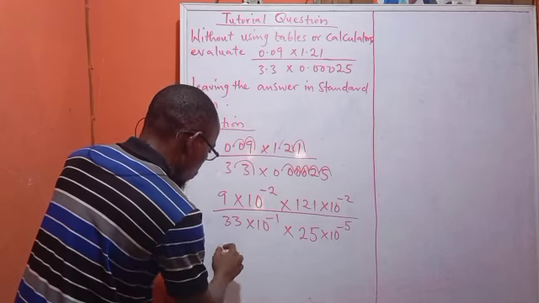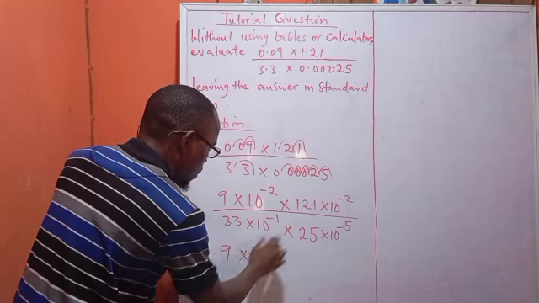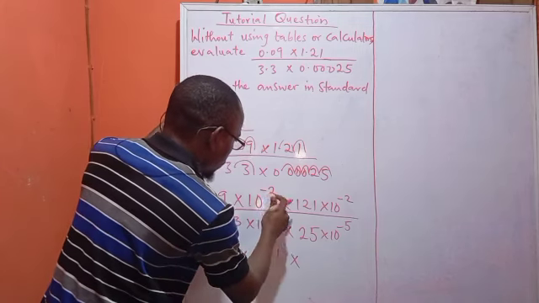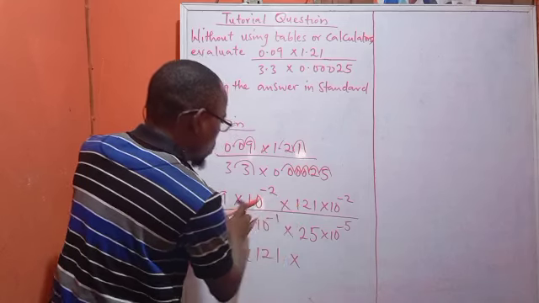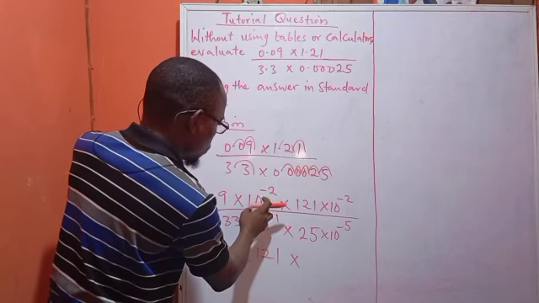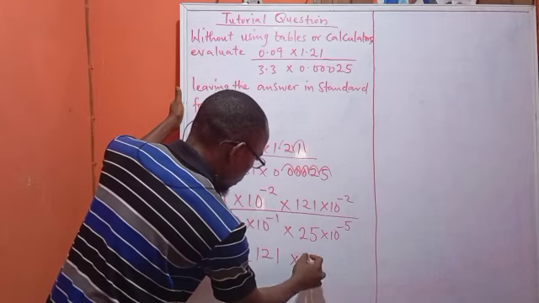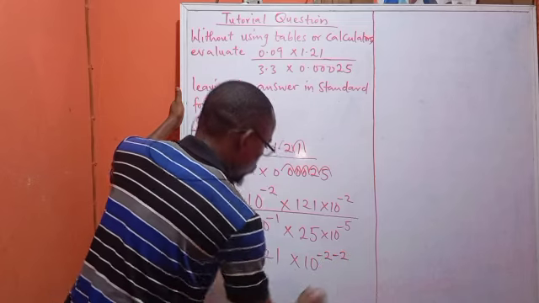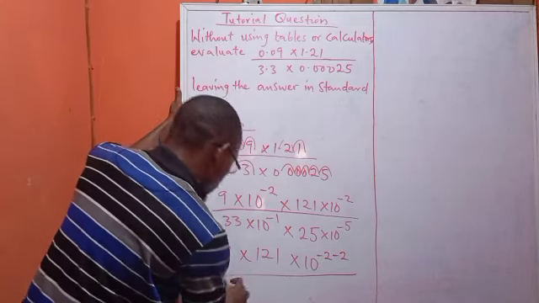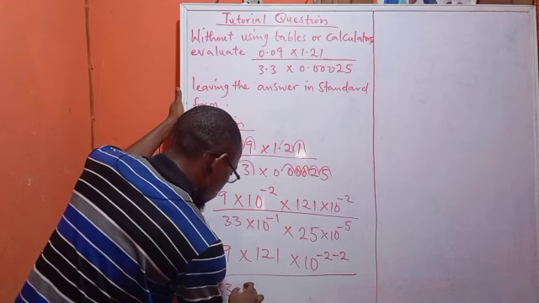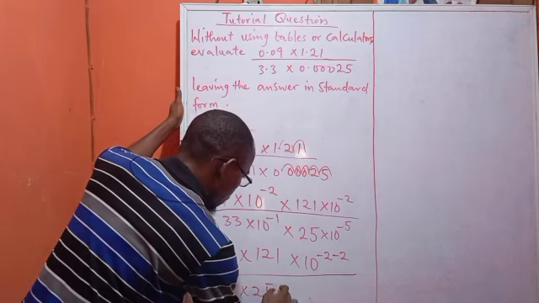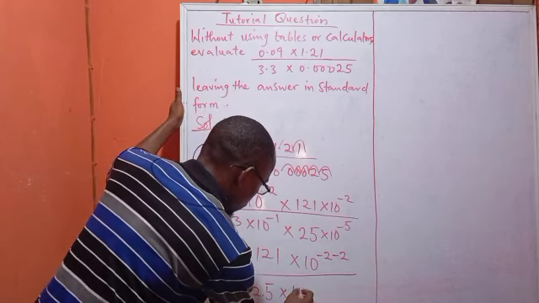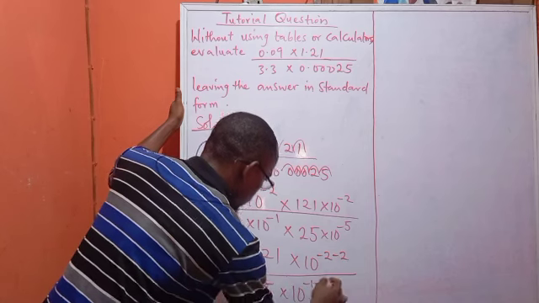So the whole numbers, this will be 9 times 121 times 10 raised to power, if you add this and this, minus 2 minus 2, under the normal standard form, and this is addition, over 33 times 25 times 10 raised to power minus 1 minus 5.